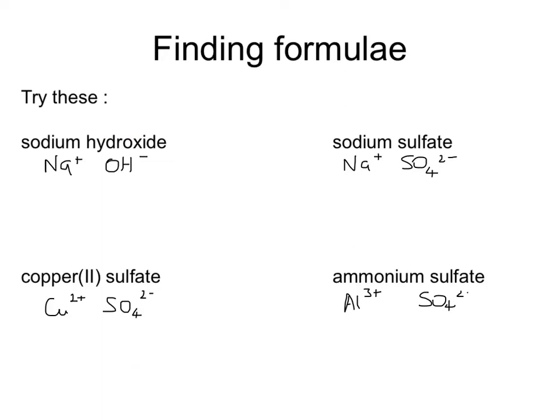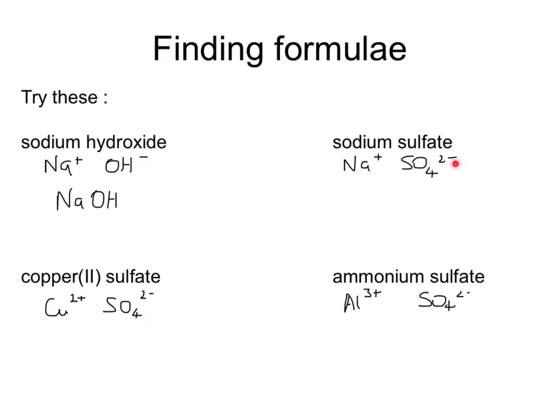Okay, answers. Well, sodium hydroxide has already got 1+ and 1-, so the formula of this one will just be Na1OH1. Sodium sulfate, however, has got 1+ but 2 minuses.